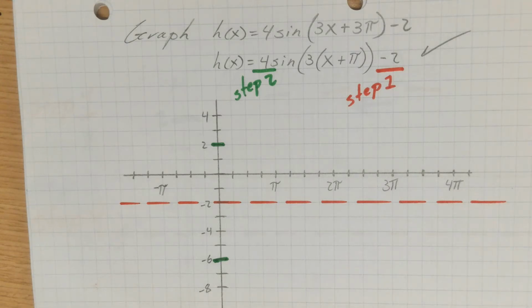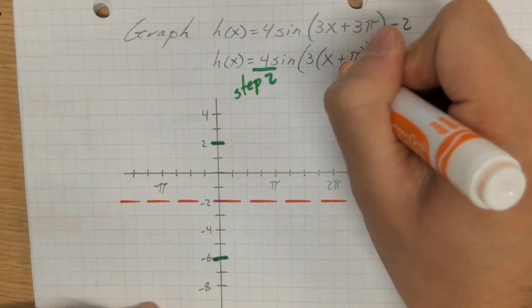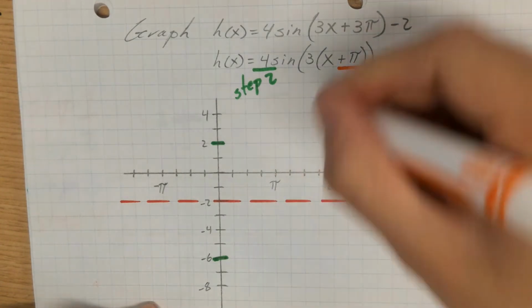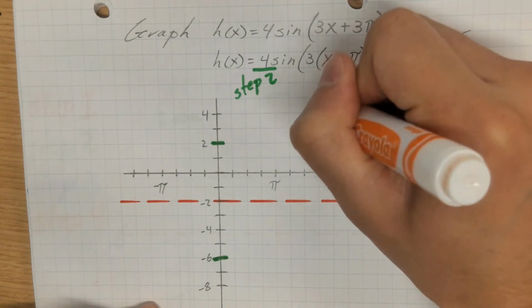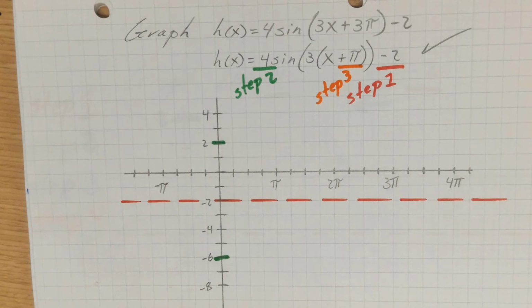Now step 3, which is a little confusing. Let me try to explain it as best as I can. It is going to be the phase shift, or my horizontal shift. In step 3, here's what I want to do.